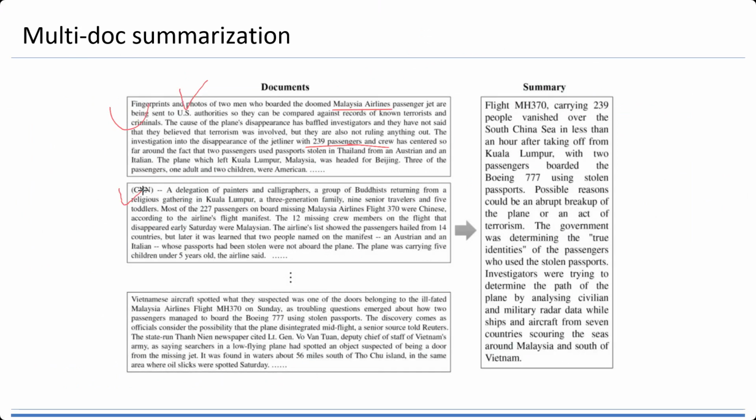This is another news. And this is, let's say, news number 1. This is news number 2. This is news number 3. And we want to make summary from all those documents. So this is the summary from those documents, and we can get a kind of new conclusion or a new information.